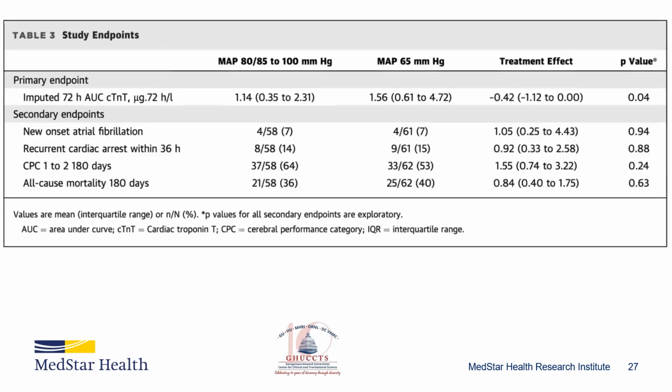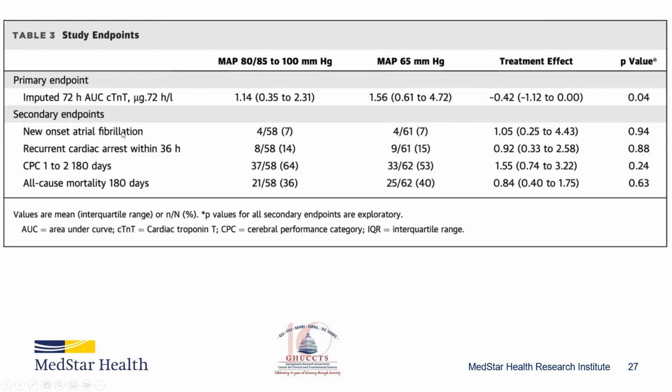And then we finally come to table 3, where they do a test for their primary endpoint, the area under the curve. This is the p-value that we'd be most interested in. They find it's 0.04, so they conclude that there's a statistically significant difference.